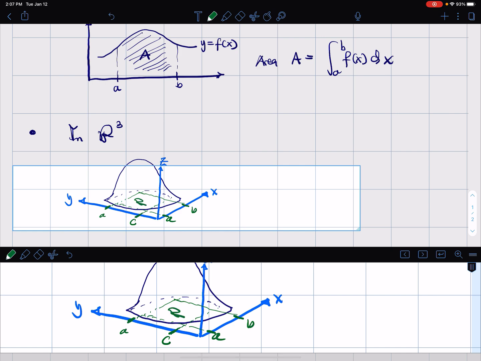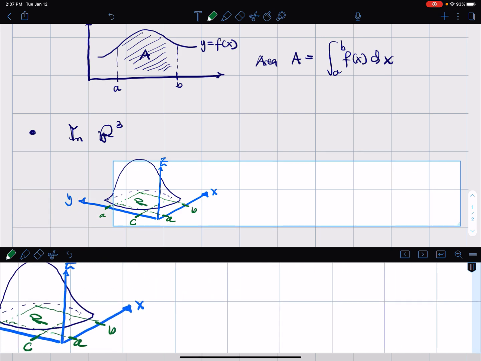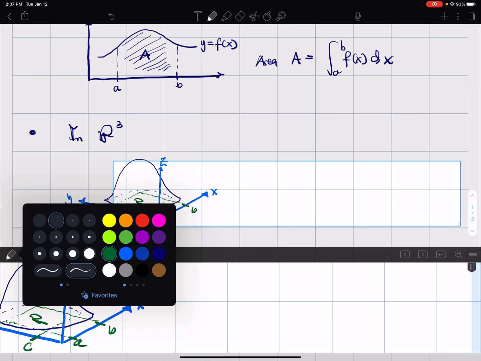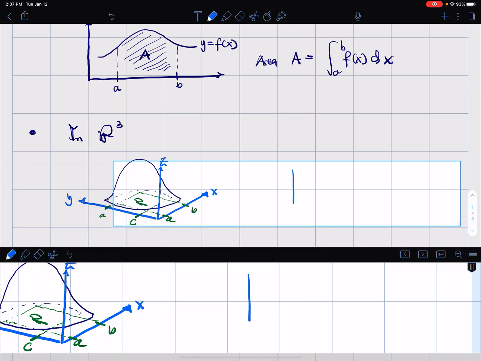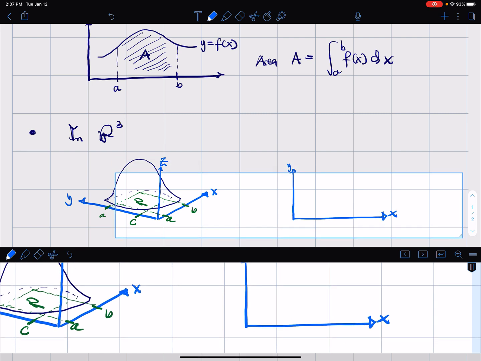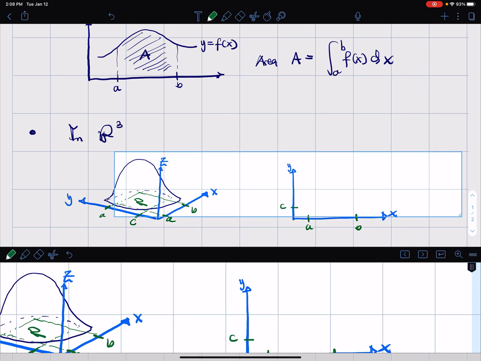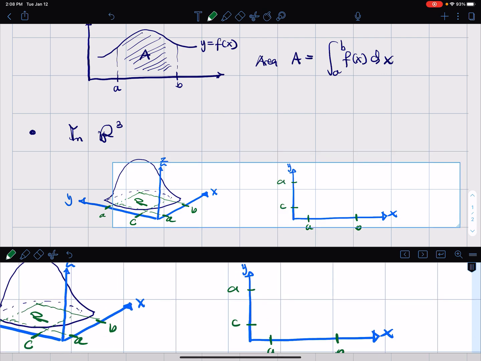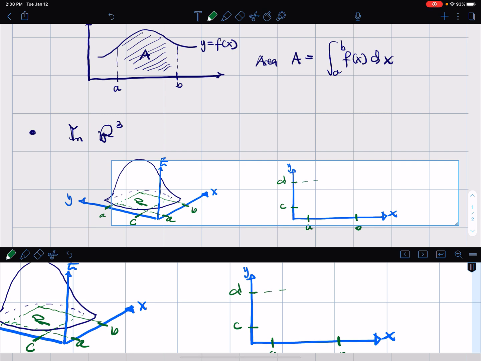Let's call this region R. So we have a rectangular region that we call R. We're looking at it under this rectangular region, on X going from A to B, and on Y going from C to D. So this is the region R.